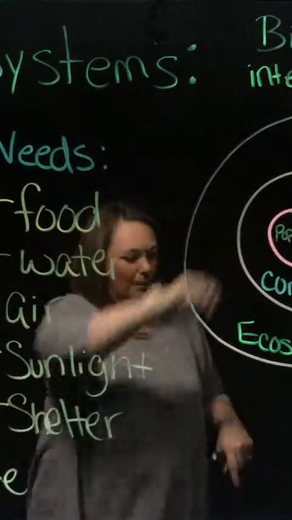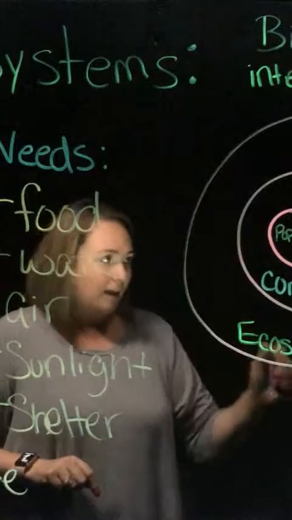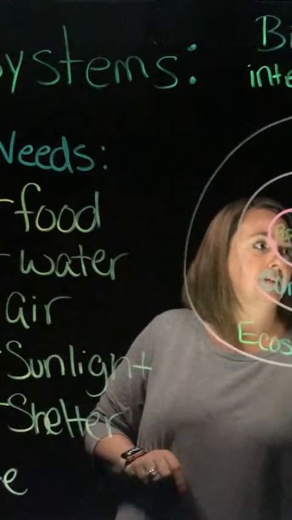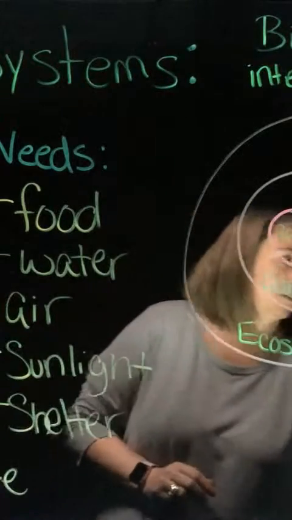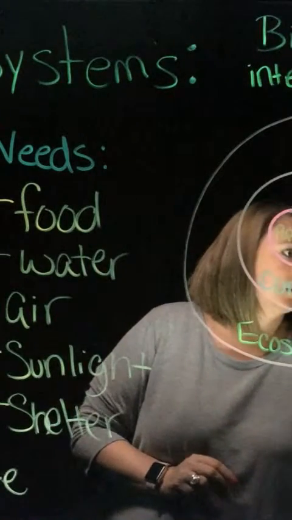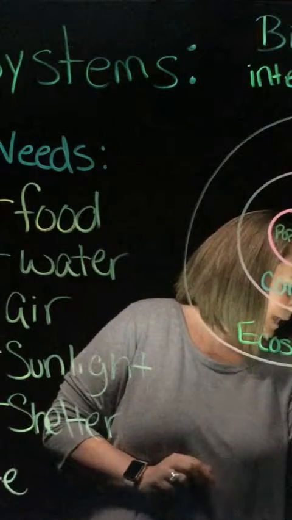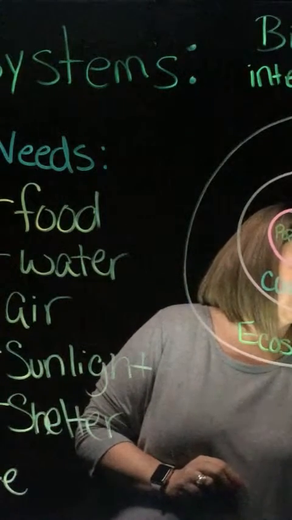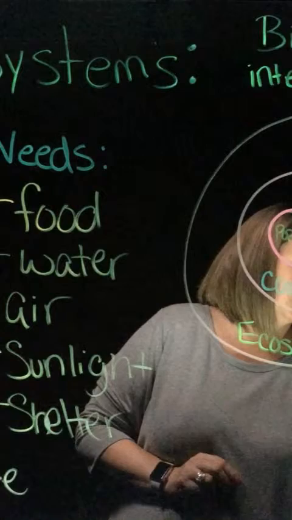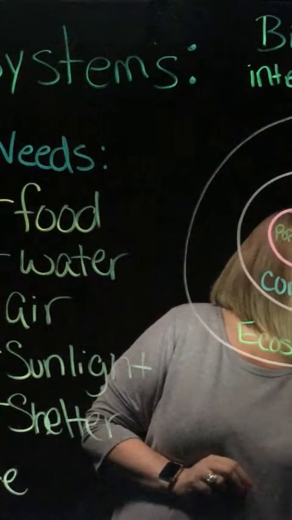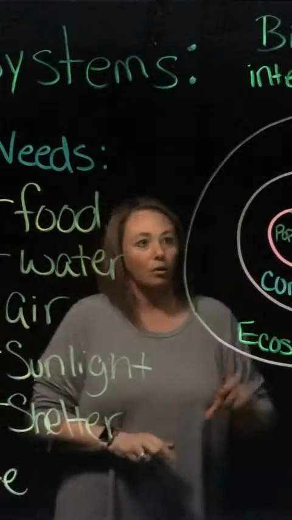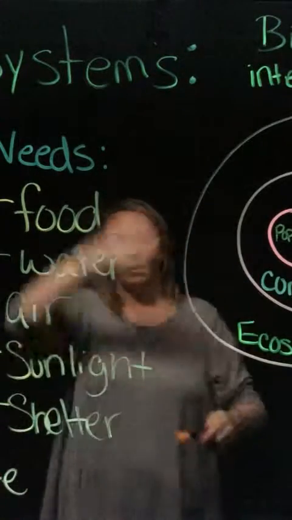Okay, with your abiotic, these are things without life. So, some examples are the actual sun, water, air, soil, and rocks. Those are things that we use to support our living life.